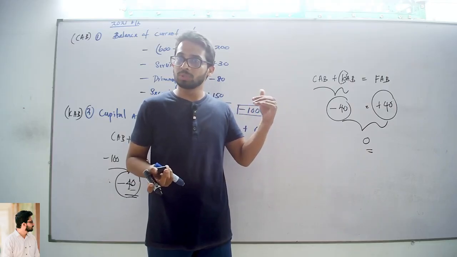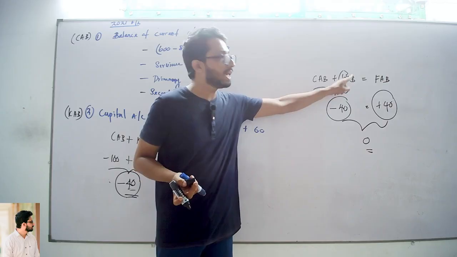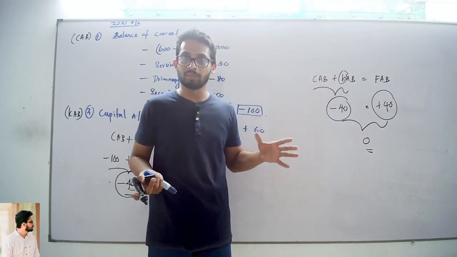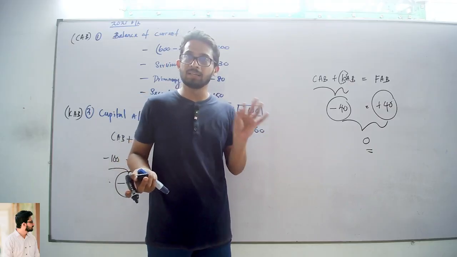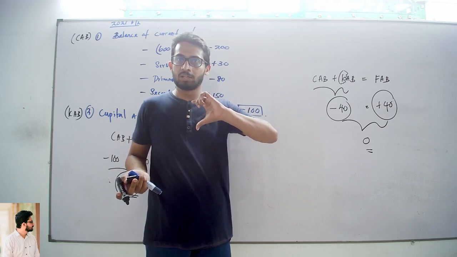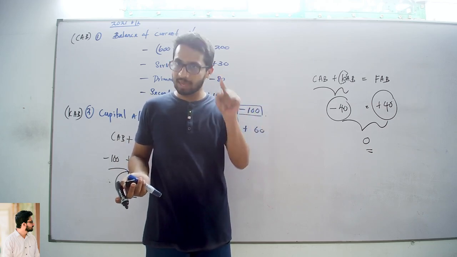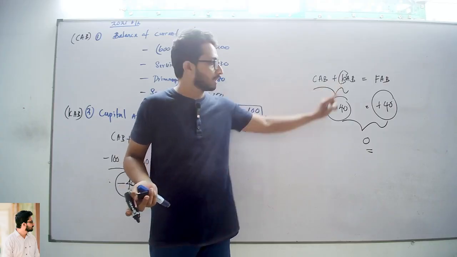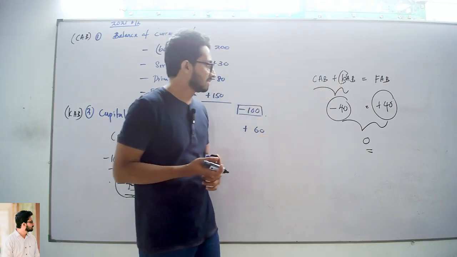That's why to indicate the capital account we use KAB. In economics, the abbreviation for capital is K.